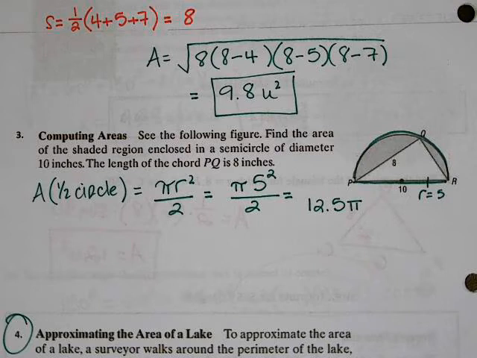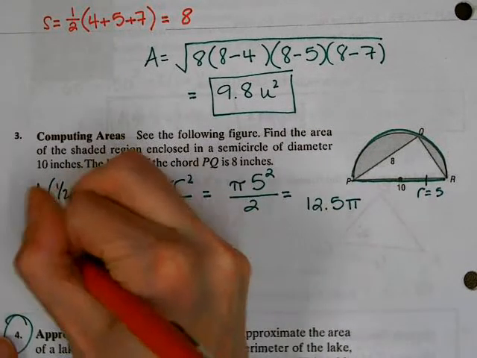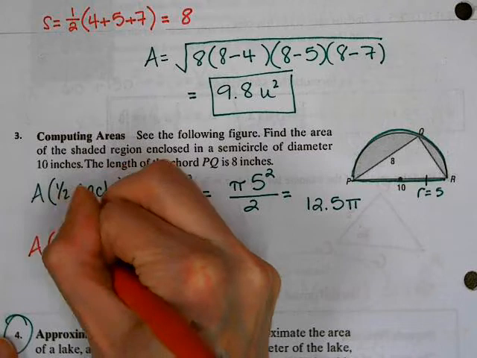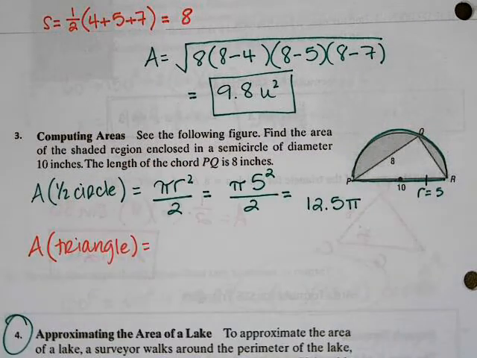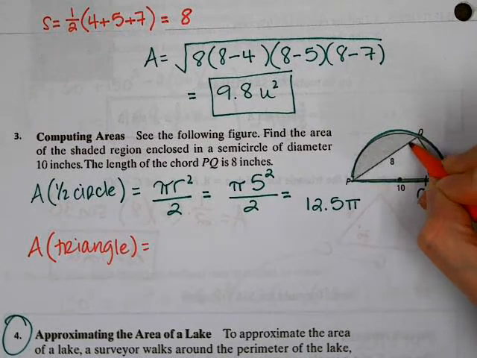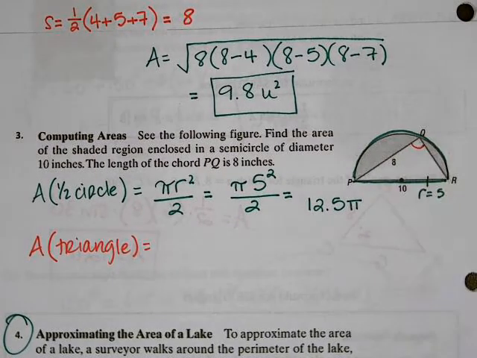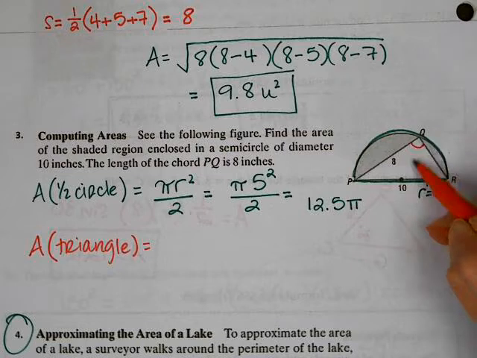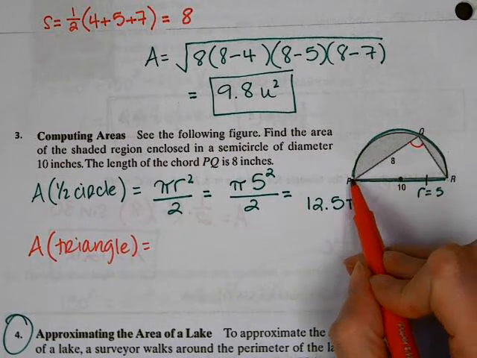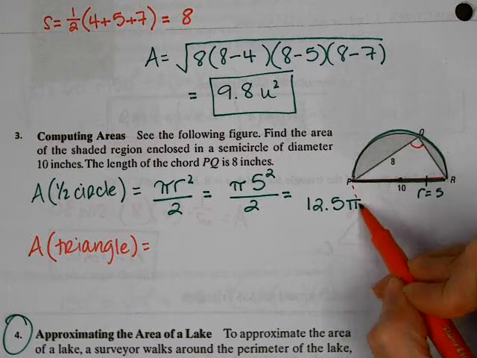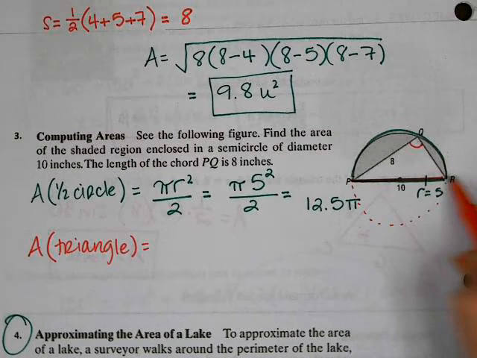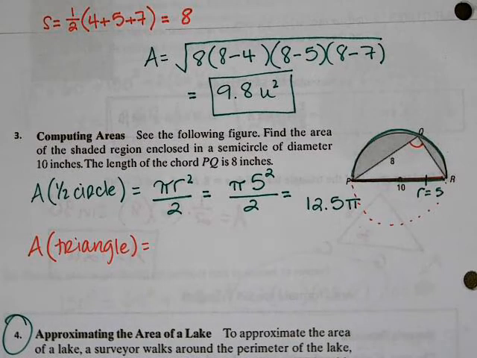Now we need to find the inner shape, which is a triangle. And here's the good news. If you really remember your geometry, does anyone know what this angle is? If it's an inscribed angle for a diameter, or actually if you draw it this way, what does that end up being?